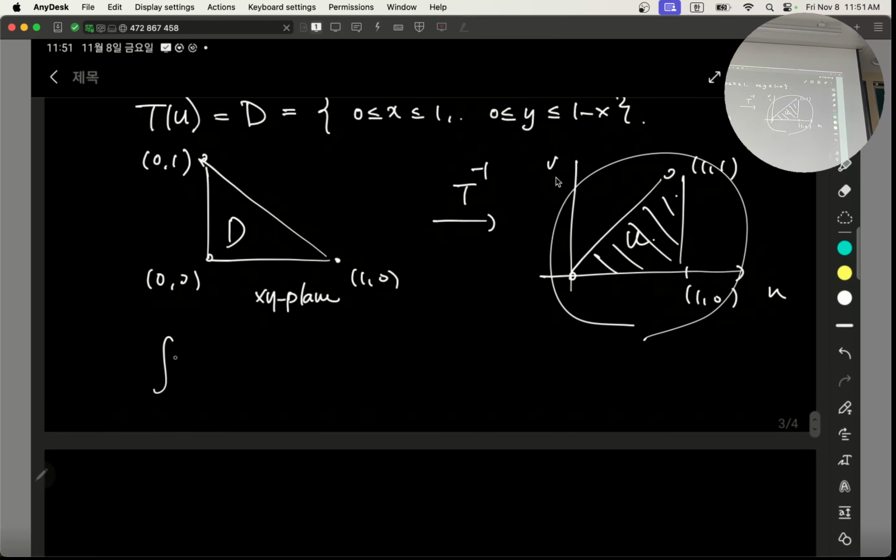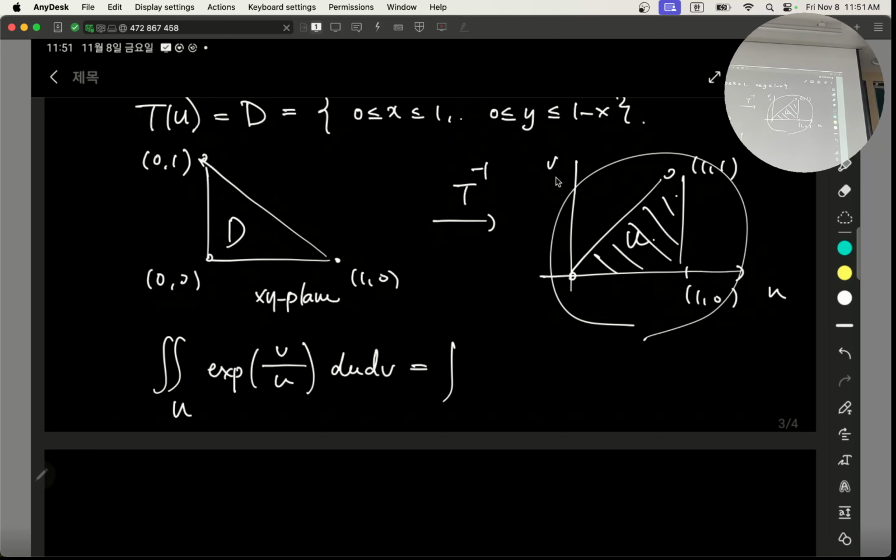So let's rewrite this here: u exponential of uv du dv. Now it's a matter of taking the iterated integration, or Fubini theorem, to find this.